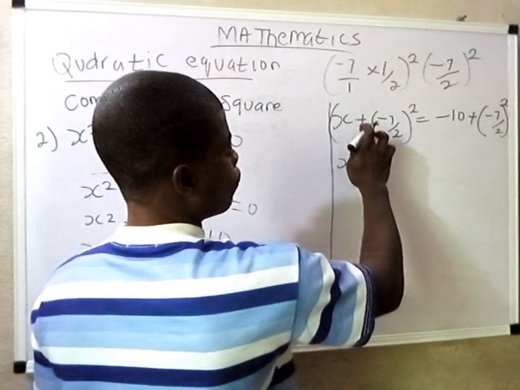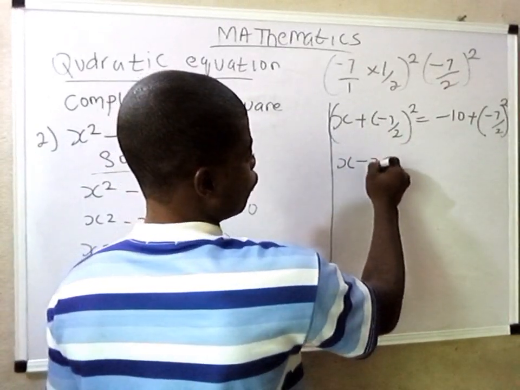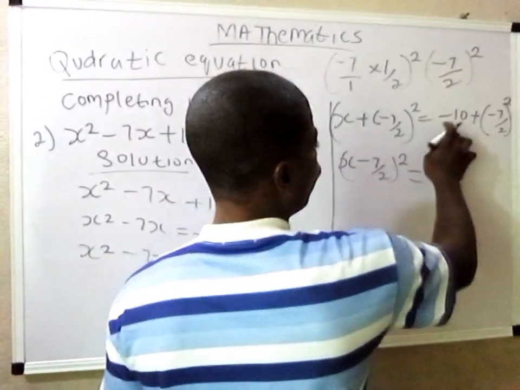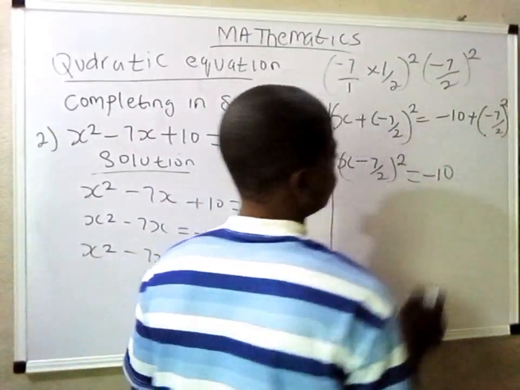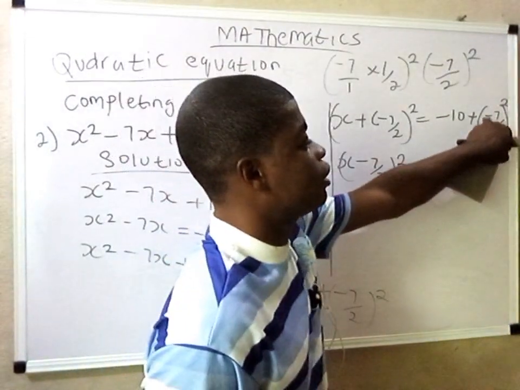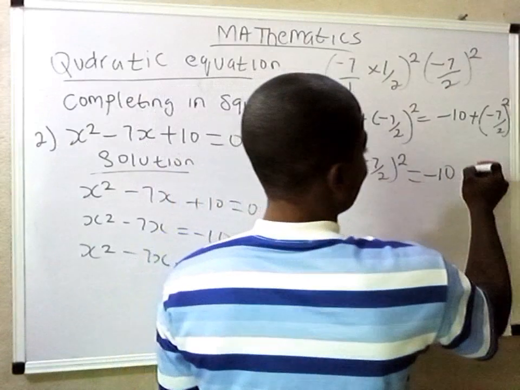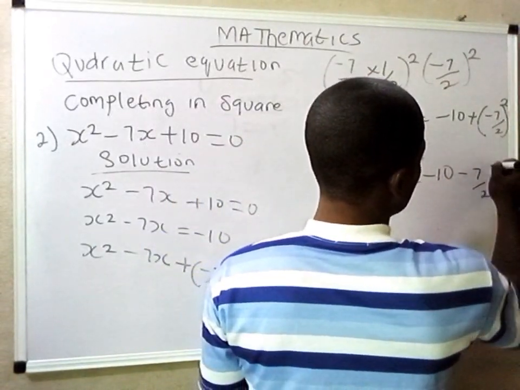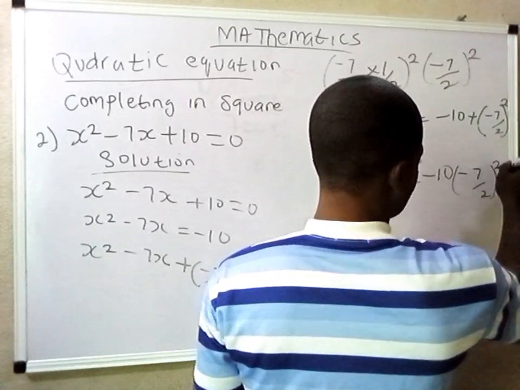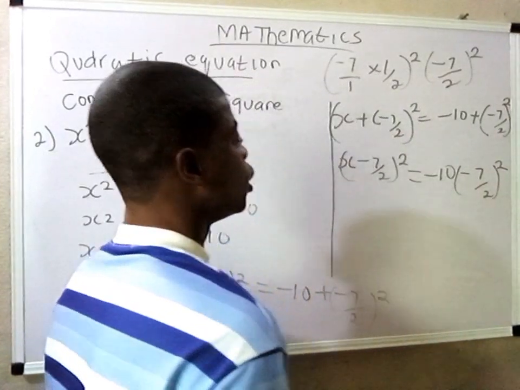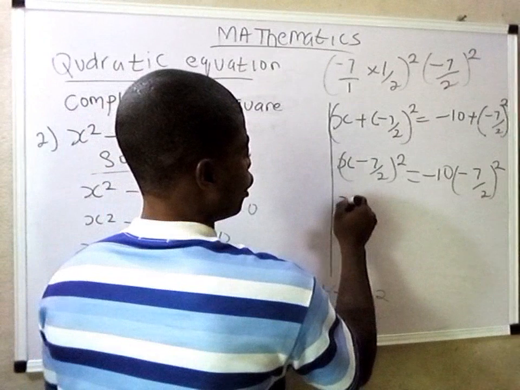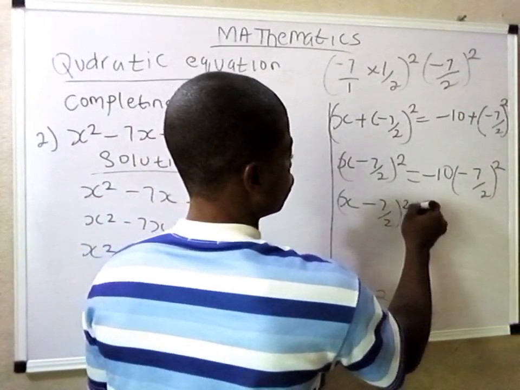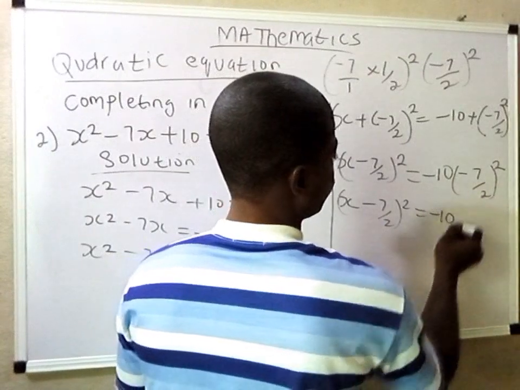X equals plus and minus minus, so minus 7 over 2 all squared. For the second one, minus 10 plus times minus is minus, so it's minus 7 all over 2 all squared. Okay, then x minus 7 all over 2 all squared, then minus 10.